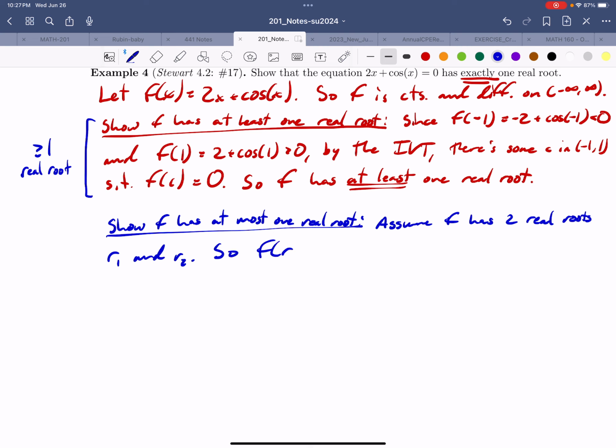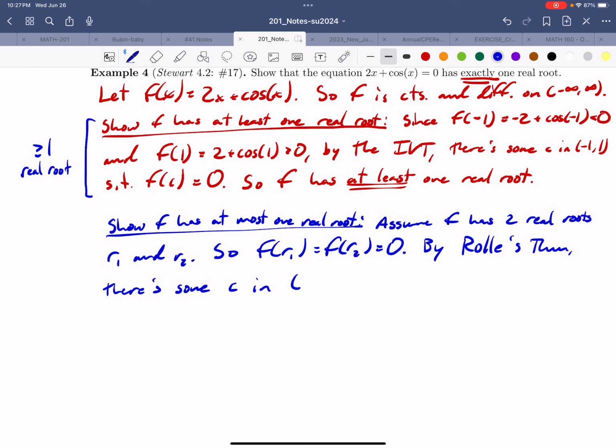So f of R1 equals f of R2, which equals 0. It doesn't matter that they equal 0. It just matters that they equal the same thing. By Rolle's theorem, there's some c in our open interval from R1 to R2 such that, well, what do we know? F prime of c equals 0.